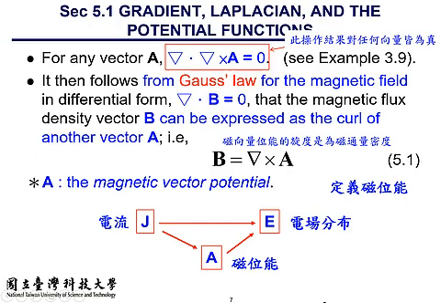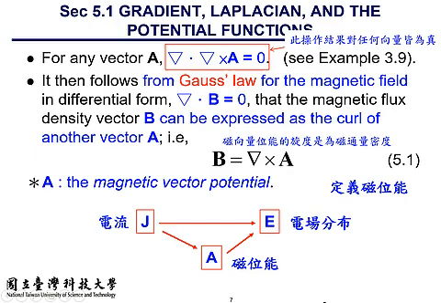You can say that the magnetic flux density B can be expressed as the curl of another vector. So this is equation 5.1. The magnetic flux density B can be expressed as the curl of the magnetic vector potential A.